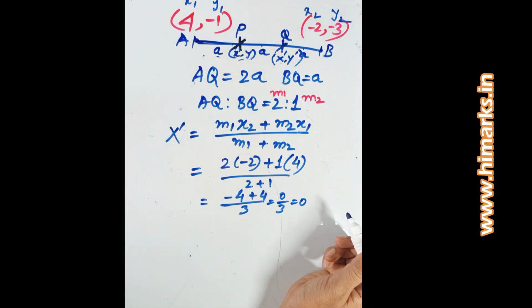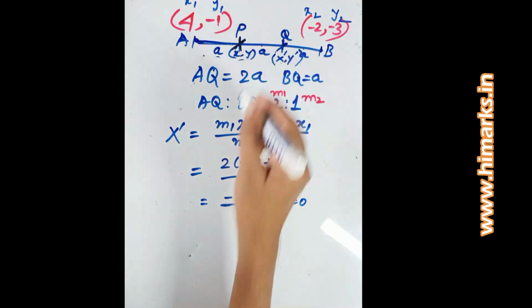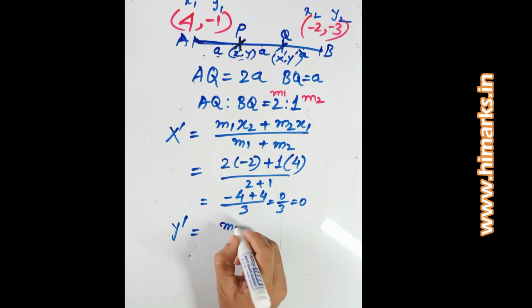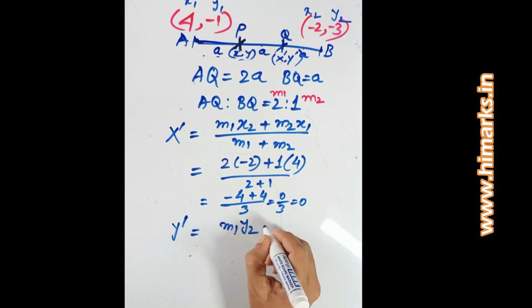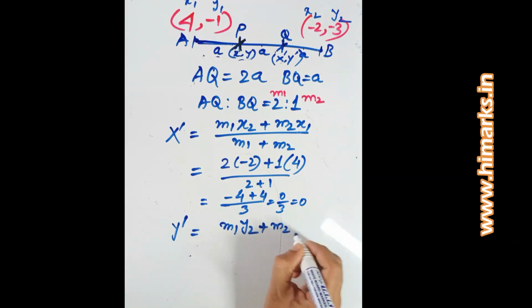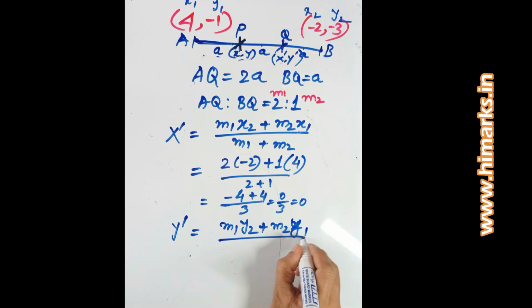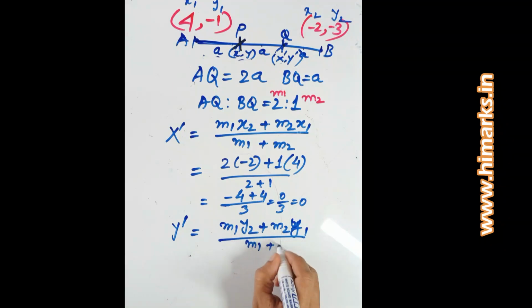Now next one is y dash. Y dash, same formula, m1 y2 plus m2 y1 by m1 plus m2.